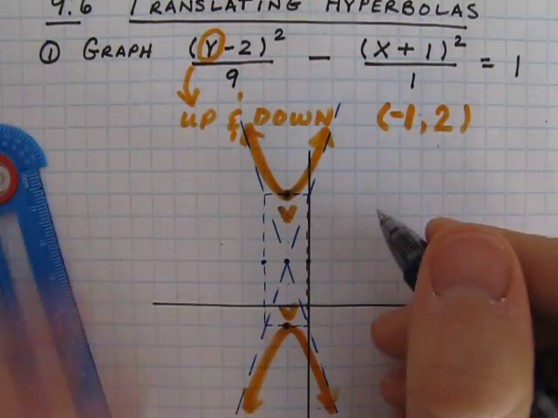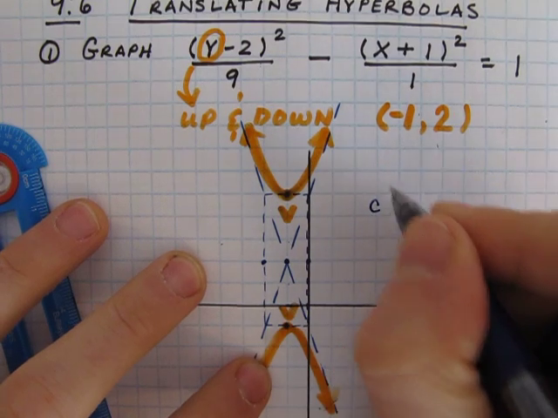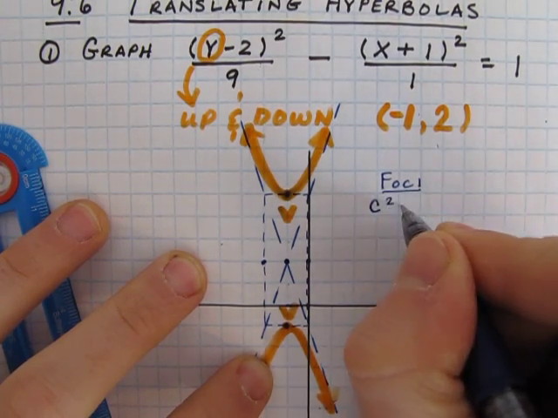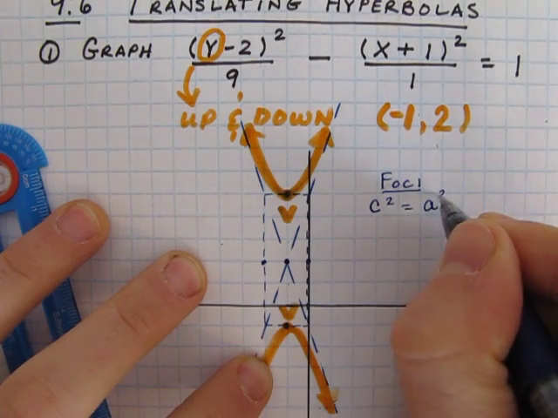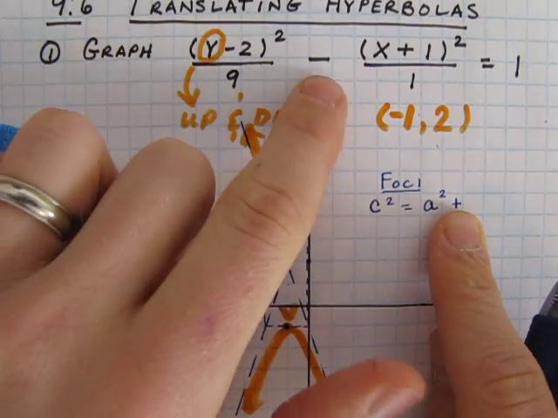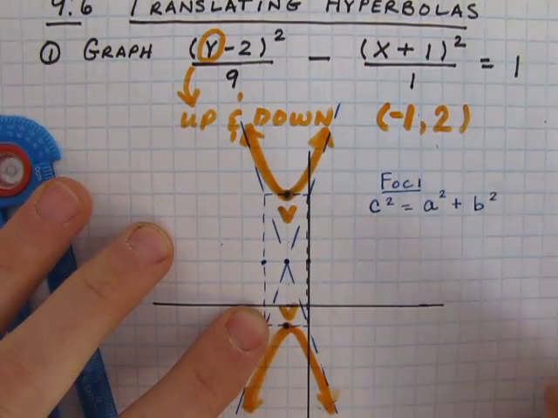We need to identify where the focus points are going to be for this hyperbola. And recall that our equation for the foci is c squared equals a squared plus, the sign is always opposite of what we have in the function, b squared.